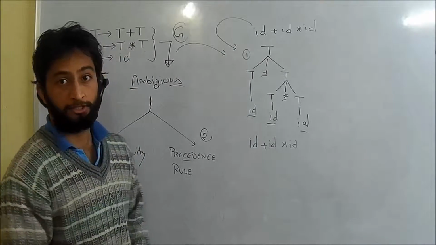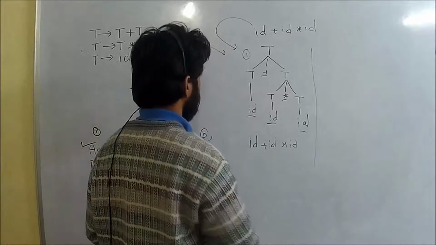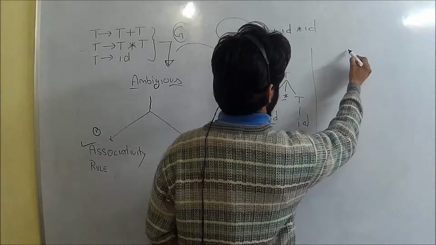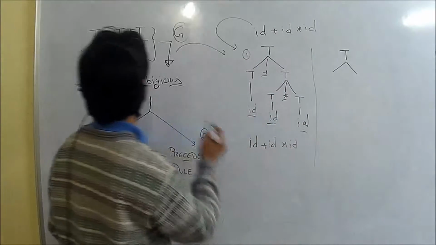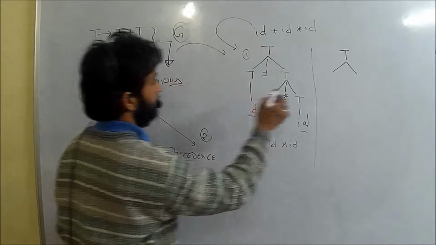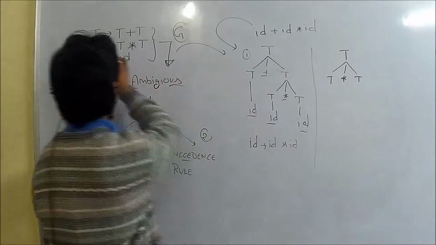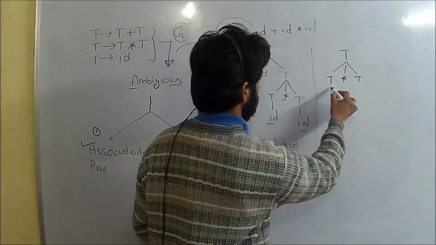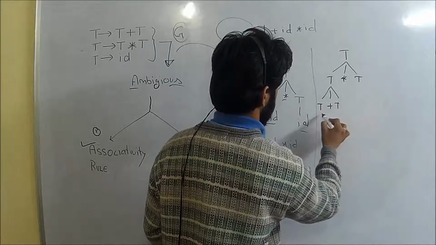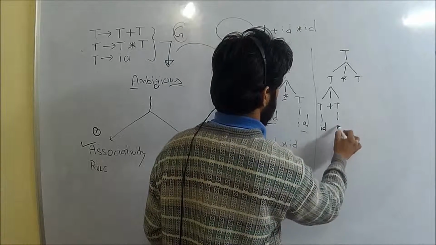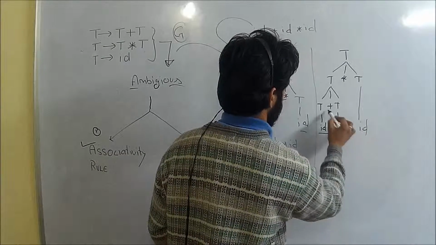The same string I can get with this parse tree also, that is T having T star T, which is the second production, and then T plus T, and then id, id, and id.